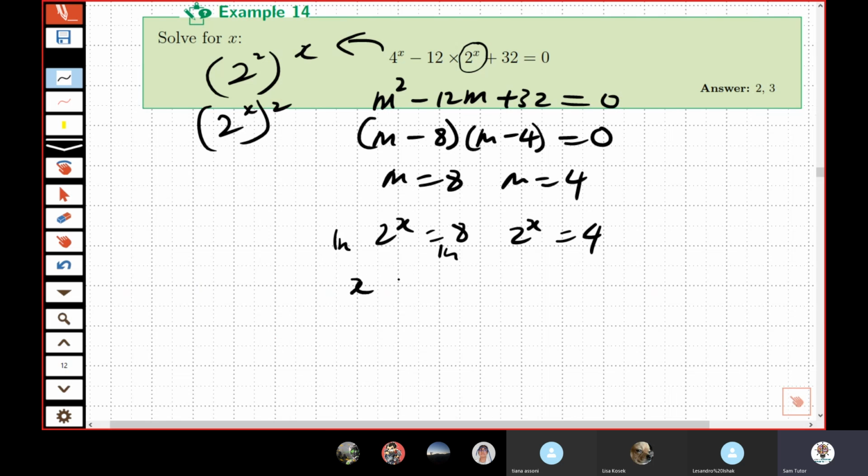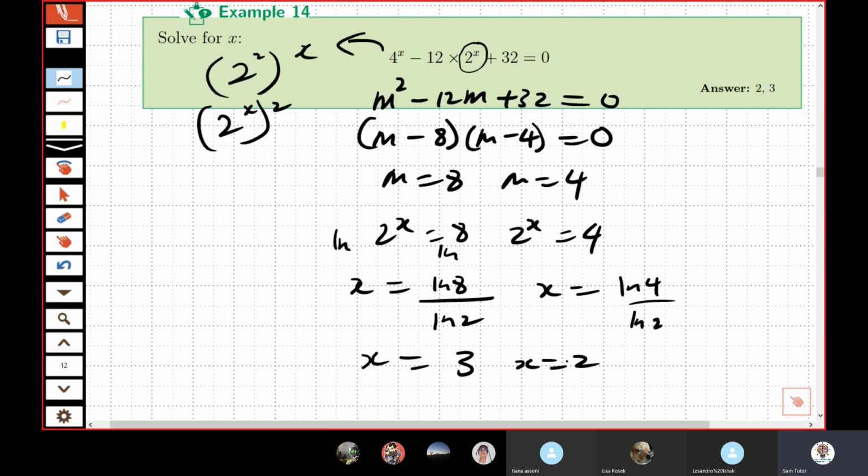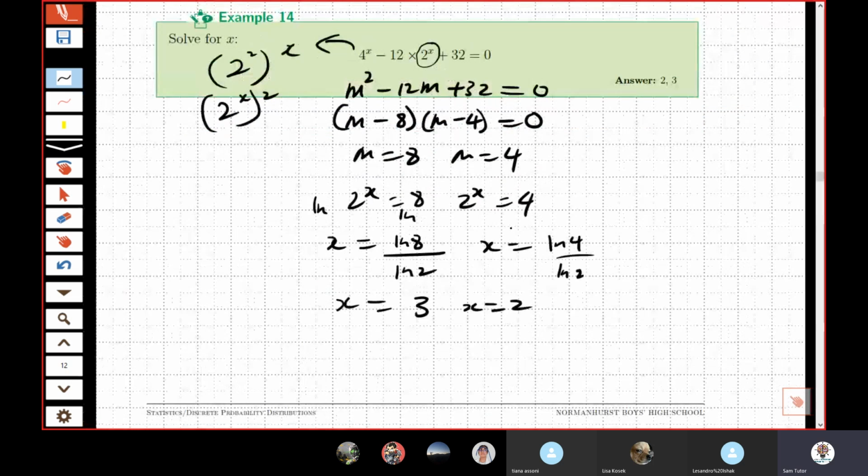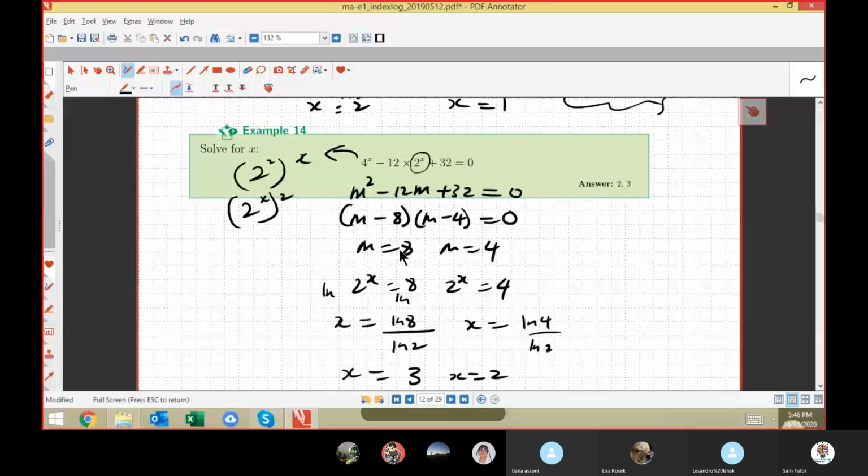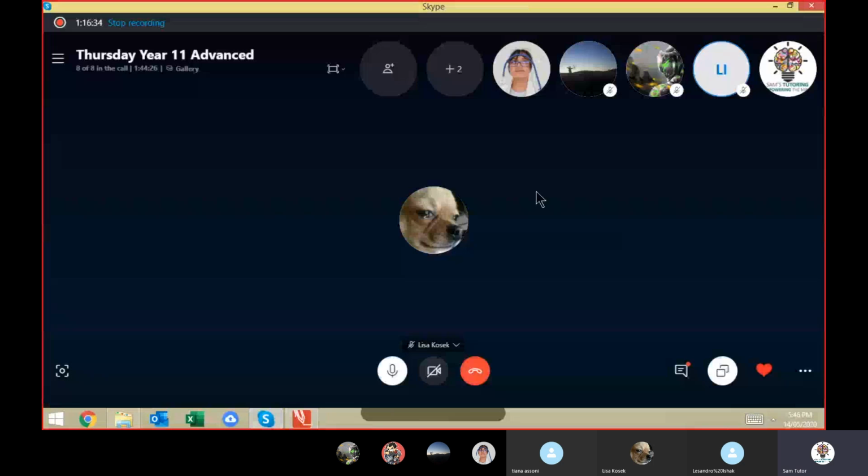Just learn to log. x equals log 8 on log 2. That's essentially where most students get to. They just go a log of this side over log of this side. Any questions? Okay. I am happy with that.